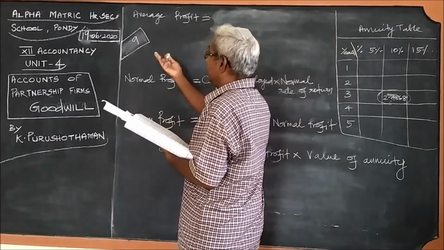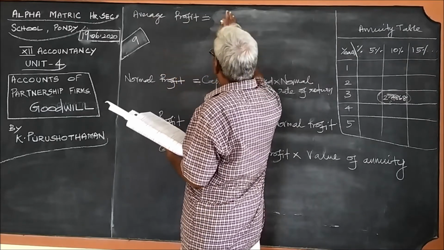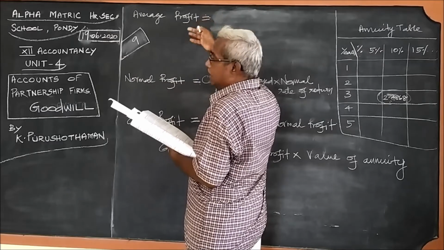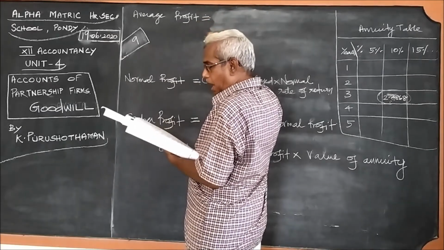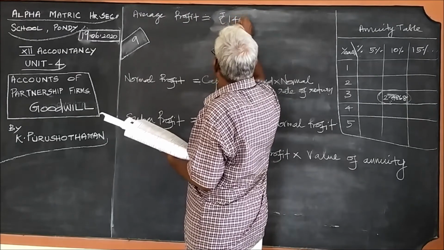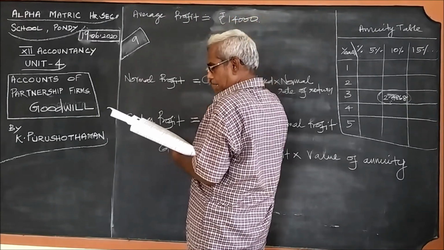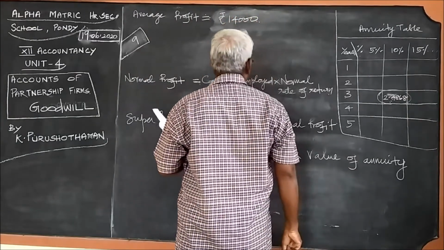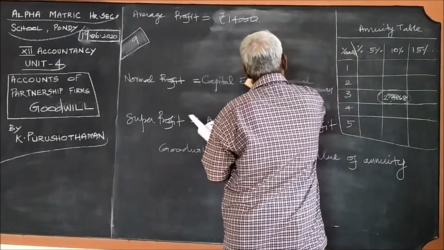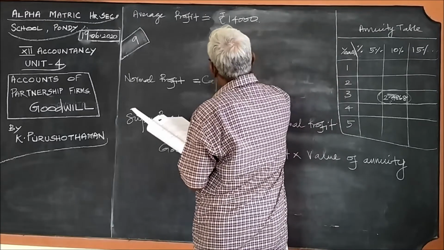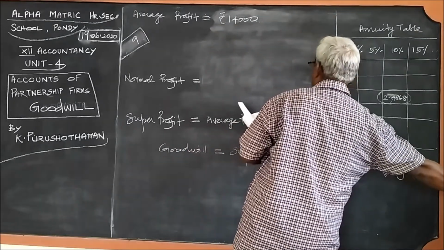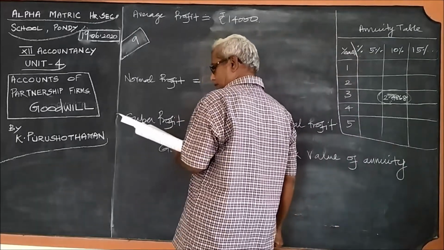In the example illustration number 9, 3 years profit was given and we found out. But here in this problem, average profit is readily given as 14,000, and normal profit is also given readily as 4,000.